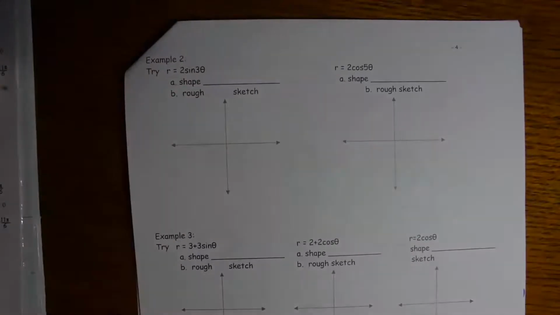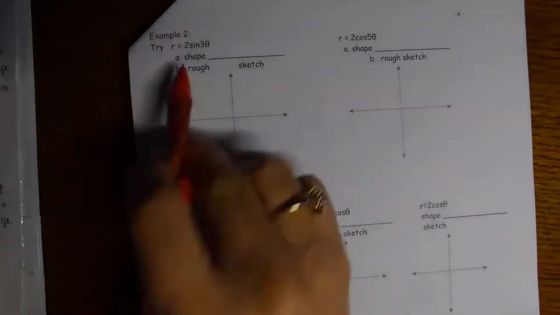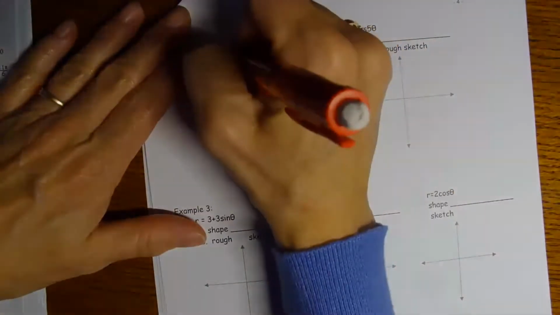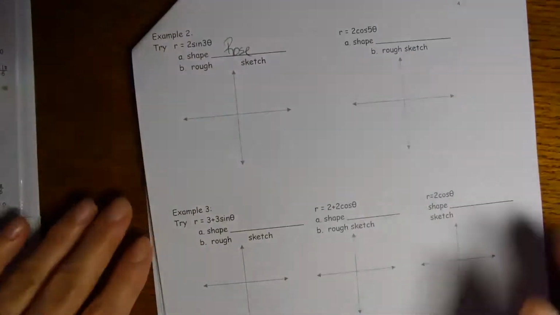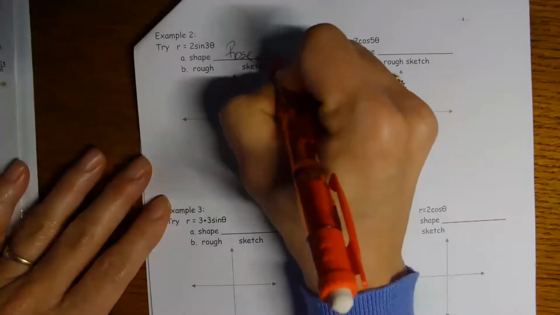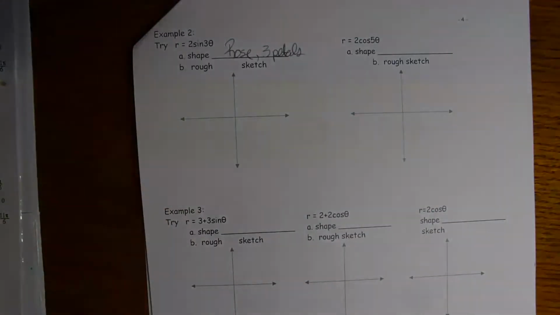All right. We're doing rough sketches, right? We're not going to do scary stuff and plug in numbers. We're just doing rough sketches. What shape is this? A rose or a circle? It's a rose. And how many petals? 3 petals. And based on the thing, do we have one on an axis? Look at your 3.